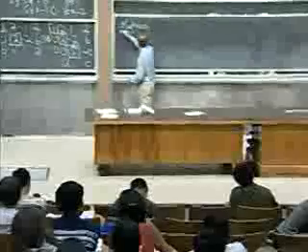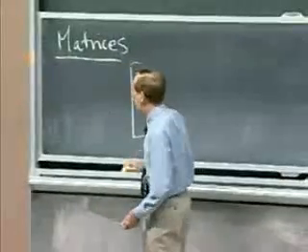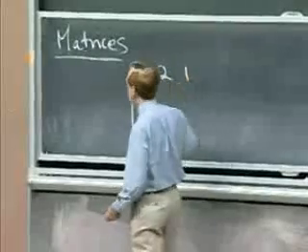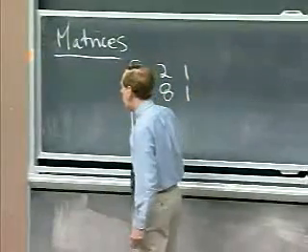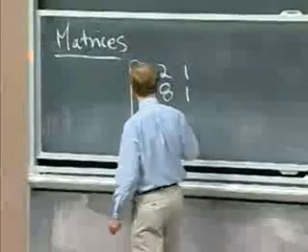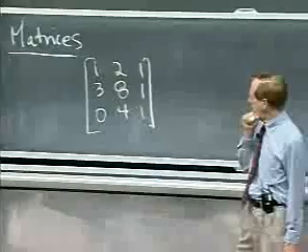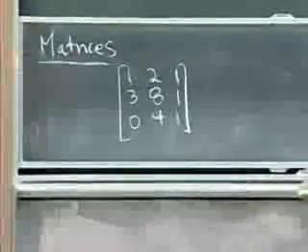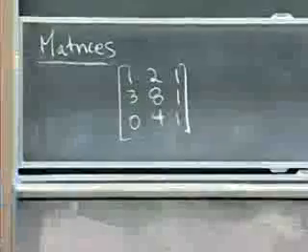Okay, let me take that first step, which took me from 1 2 1, 3 8 1, 0 4 1. I want to operate on that. I want to do elimination on that. Okay.